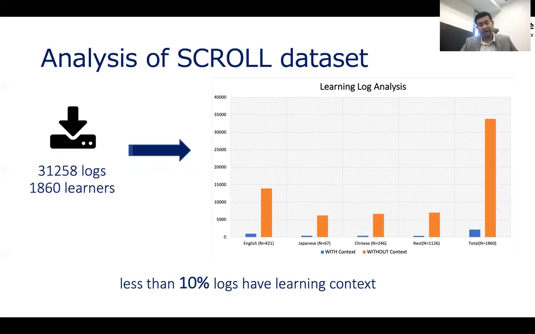So when we analyzed the logs, we found that only 10% of those learning logs were created using the learner-described learning context. This means that learners are often not so willing or not so happy to describe their learning context for every single word they want to learn.